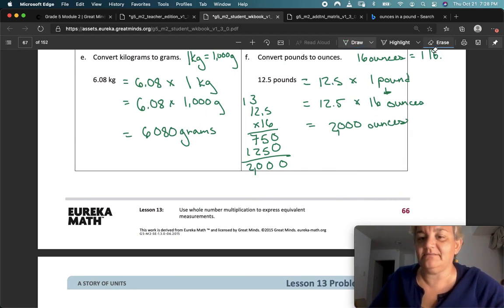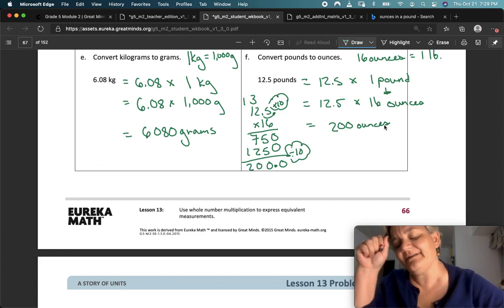Oh, look what I did wrong. Do you see what I did wrong? I see what I did wrong. I knew that seemed too big. In my head, I needed to multiply that by 10 to get that decimal point over one space, right? I forgot. So in my answer, I had to divide by 10, which put my decimal point right there, which gave me a new answer of 200 ounces.